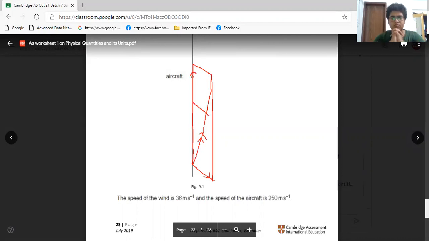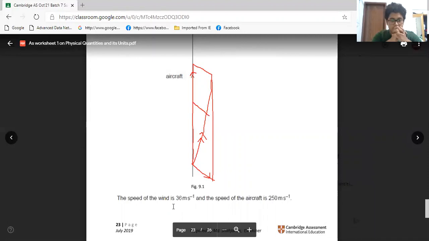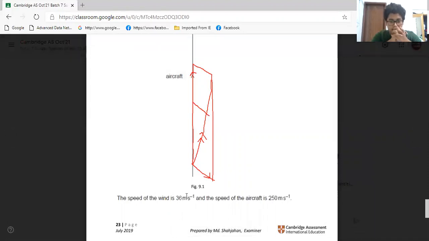Now if you divide this 250 by 18, then what is coming? 13.88, 13.9. So this one we can consider as 13.9 centimeter, and this one we can consider as 2 centimeter.